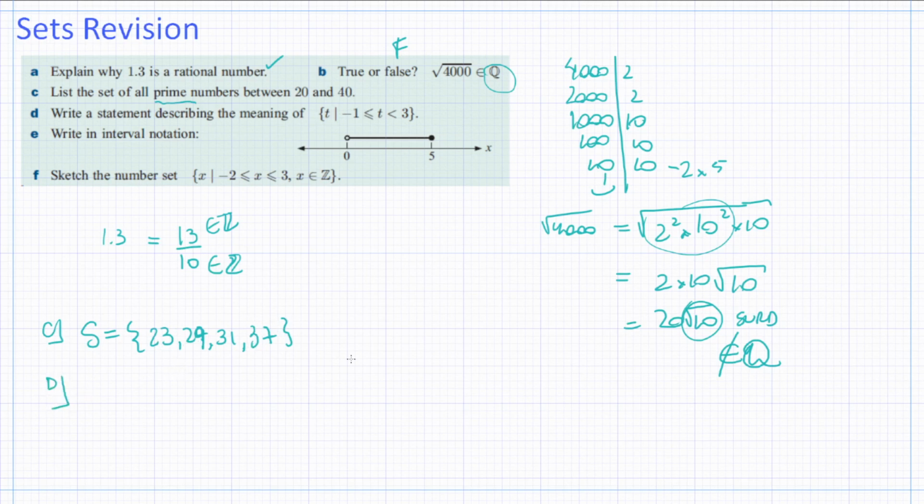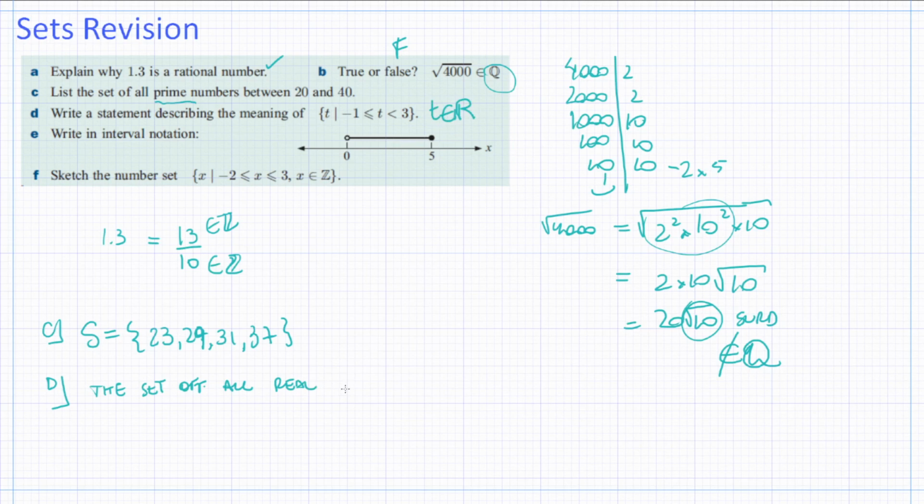Letter D. Write a statement describing the meaning of this here. So we've got t, and t is between -1 and 3. So how could we write this? Well, this is the set of all real t's. Since nothing was said, we can assume that t is a real number, right?